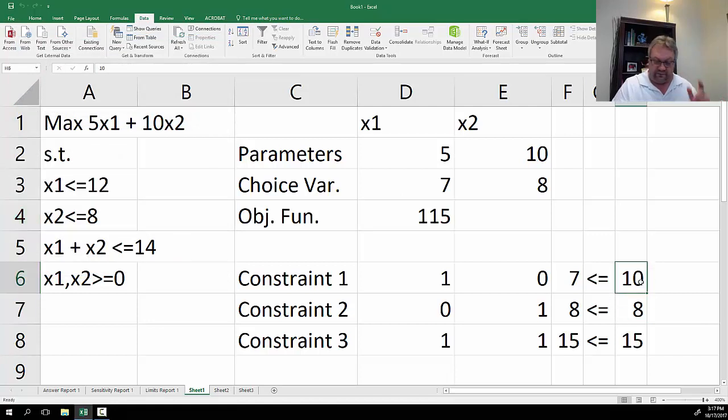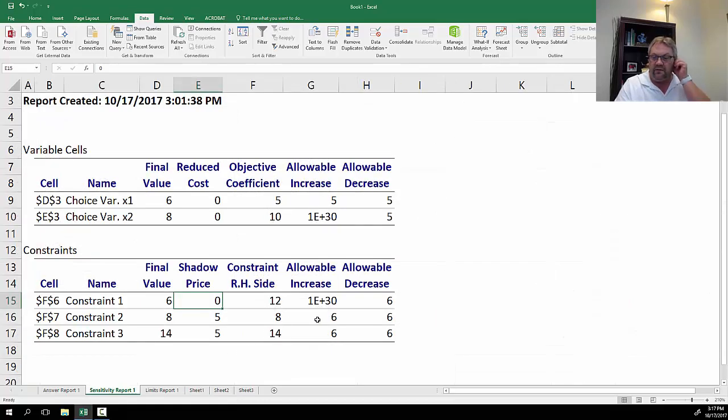So let me go back to 12. Here, what this is telling me is that I can increase constraint 2 by 6 units, and the shadow price of 5 is still valid. Or I could decrease constraint 2 by 6, and this shadow price is still valid. And the same thing applies to the third constraint.